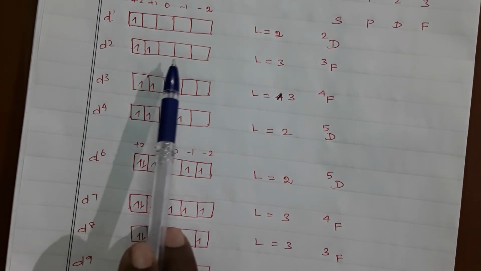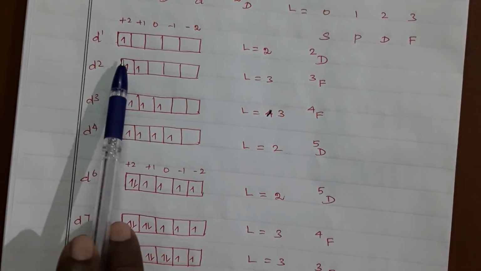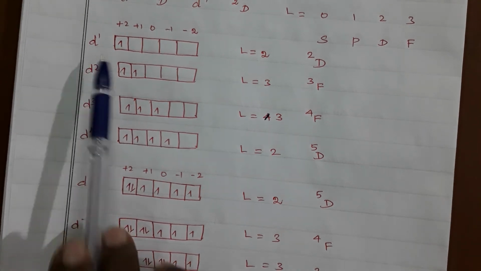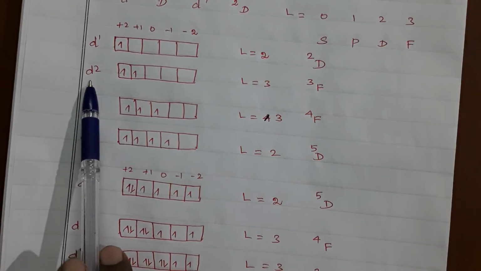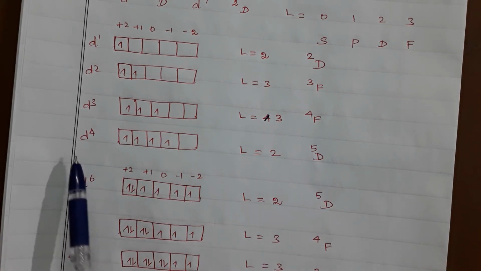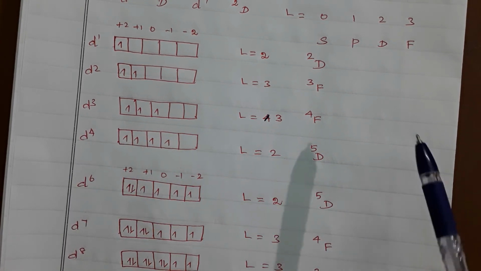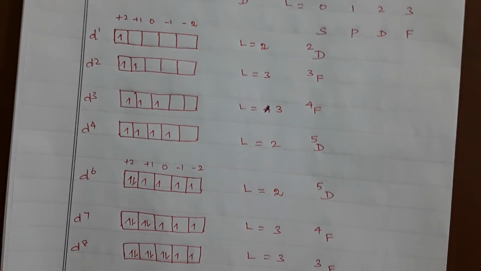These are all the terms for the d configurations. For d1, D; for the d2 configuration, F; for d3, F; for d4, D; and d5. So by knowing the L values, you can find out the terms.